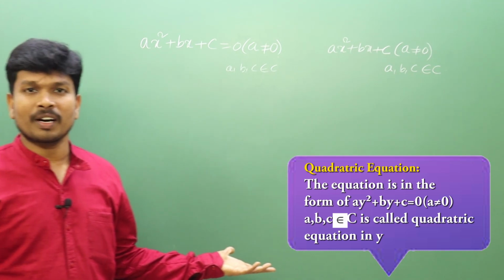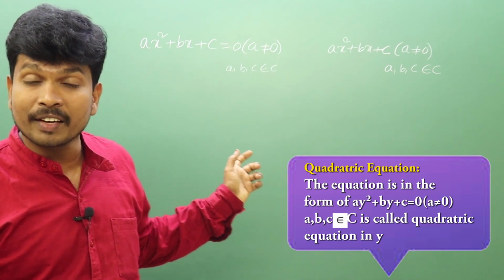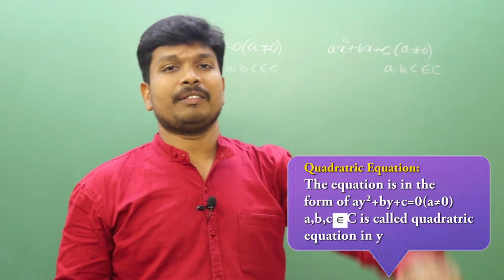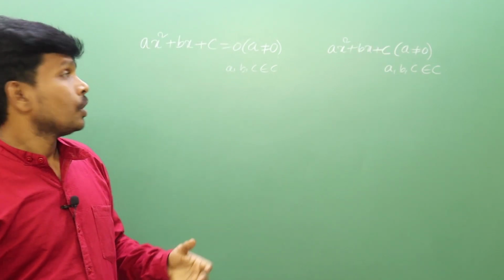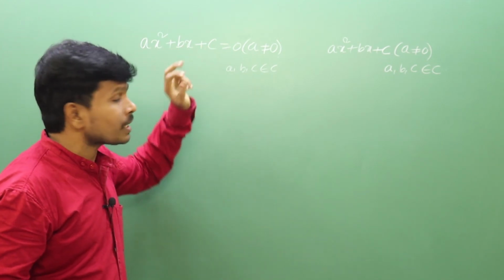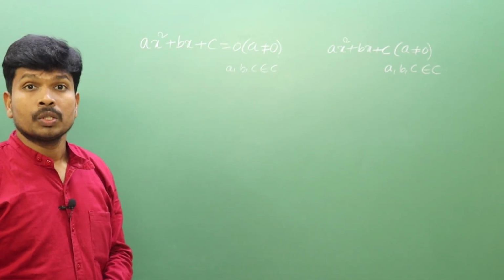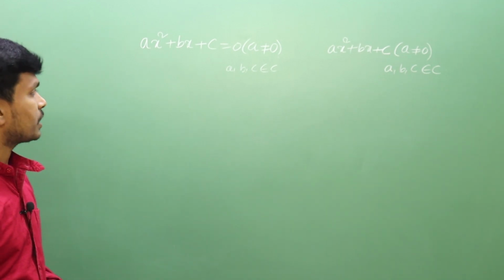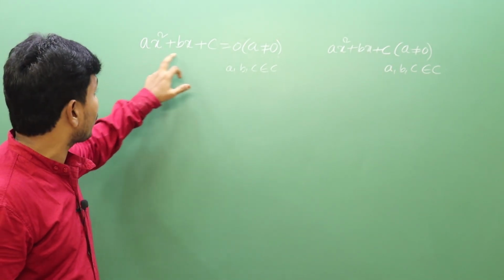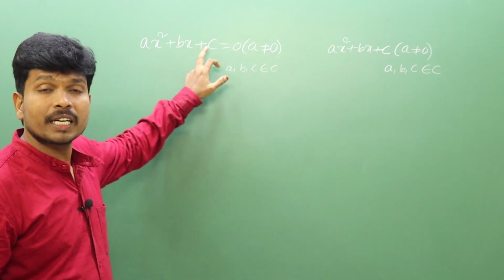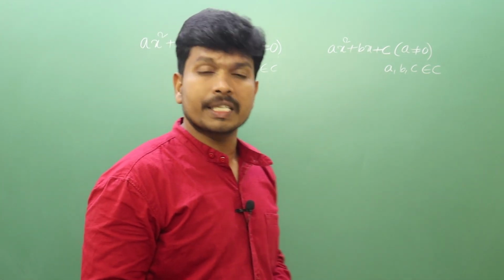Yes, it is also a quadratic equation, a quadratic equation in y. This is a quadratic equation in x. Here a, b, c are called constants, arbitrary constants. a is called the x² coefficient, b is called the x coefficient, c is the constant term.